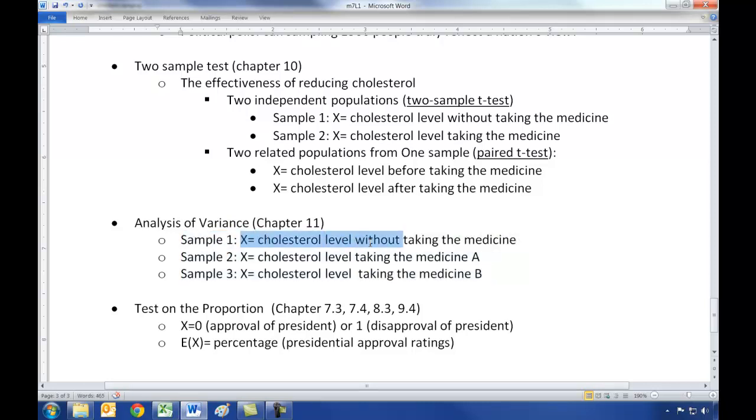The first one will be those people without such medicine. The second sample are those who have taken medicine A. The third sample will be those people who have taken medicine B. So the goal is to evaluate the density functions among those three variables.